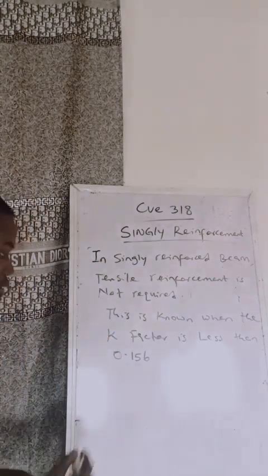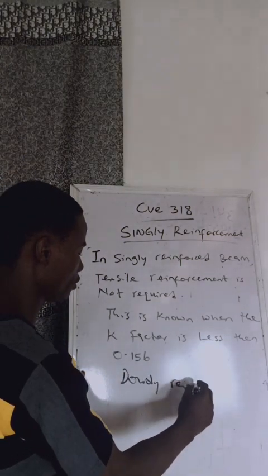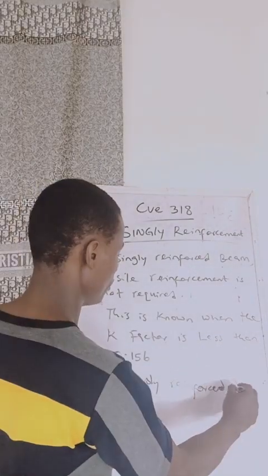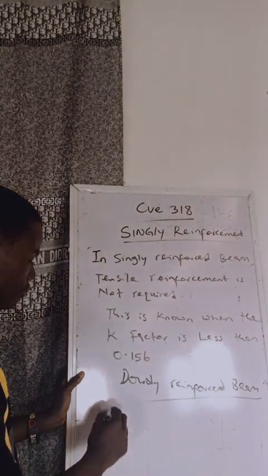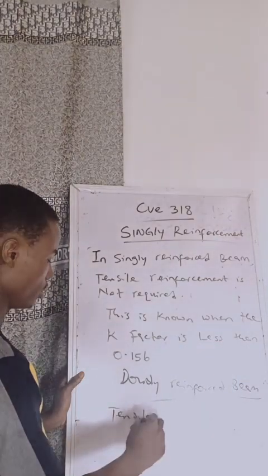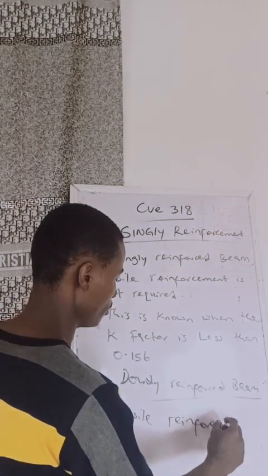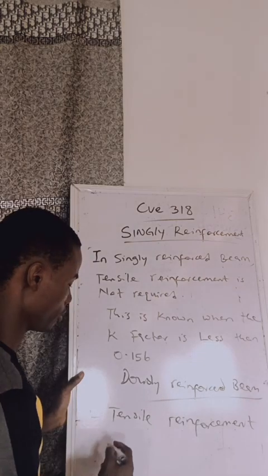So let me write it down. Doubly reinforced beam, tensile reinforcement is required. You might be told to do this in the exam to explain or differentiate between the two.